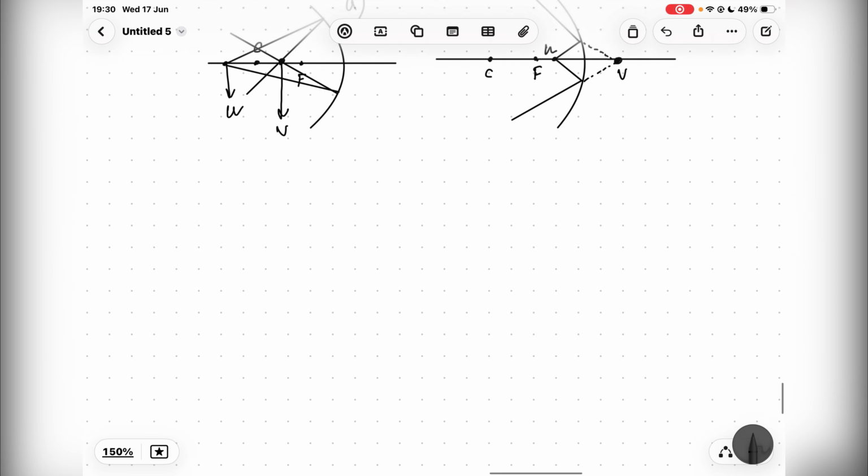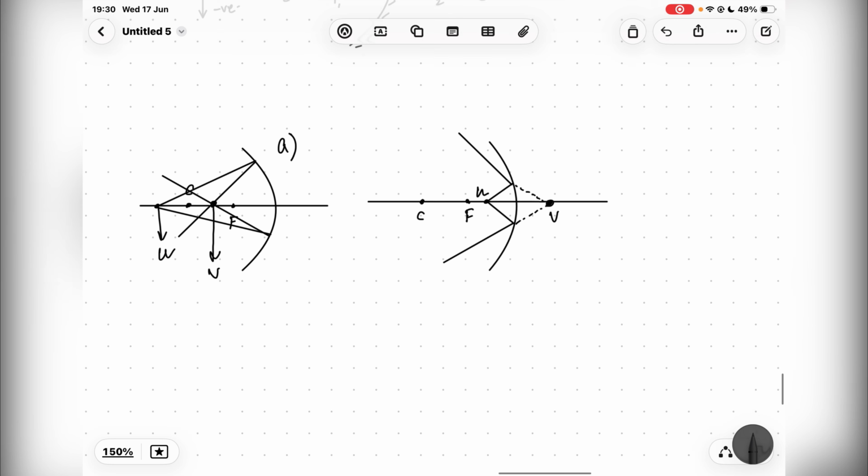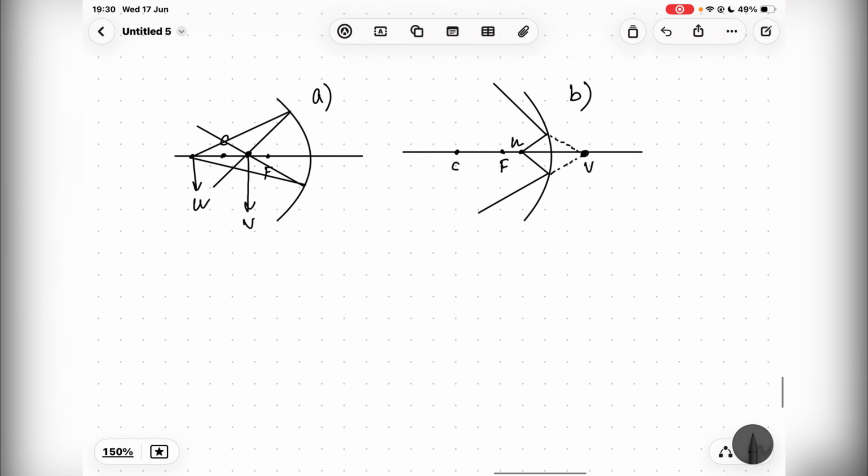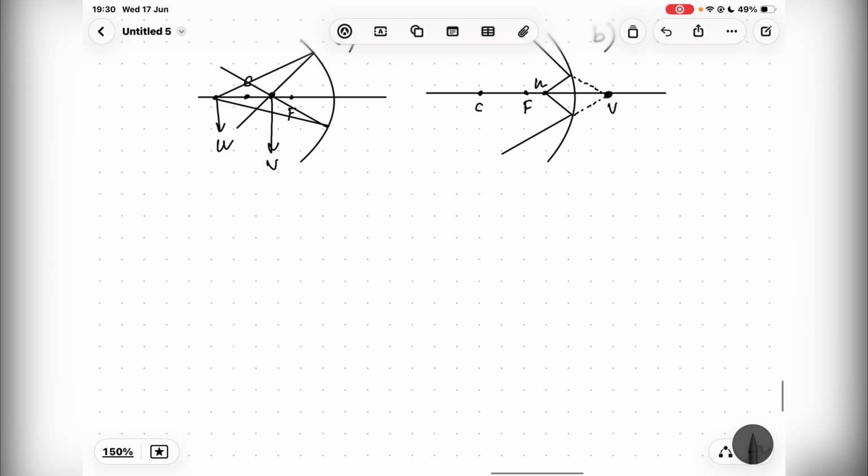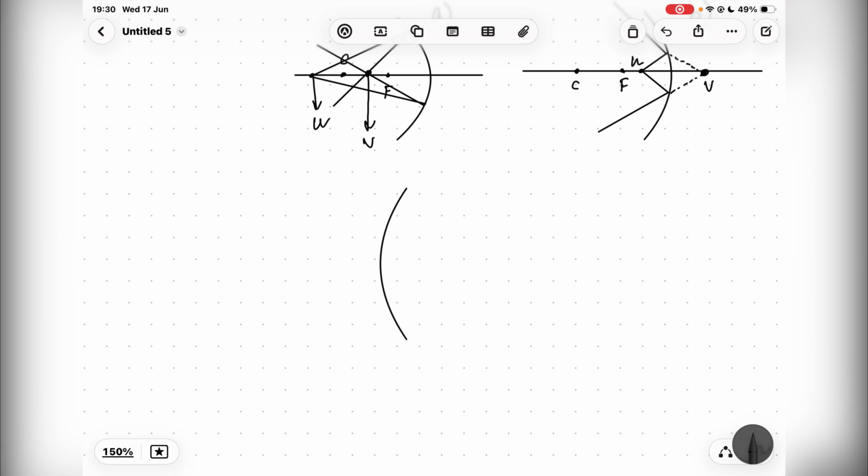Okay, just call this condition B. Now let's take a convex mirror. Focus, center of curvature, and object.